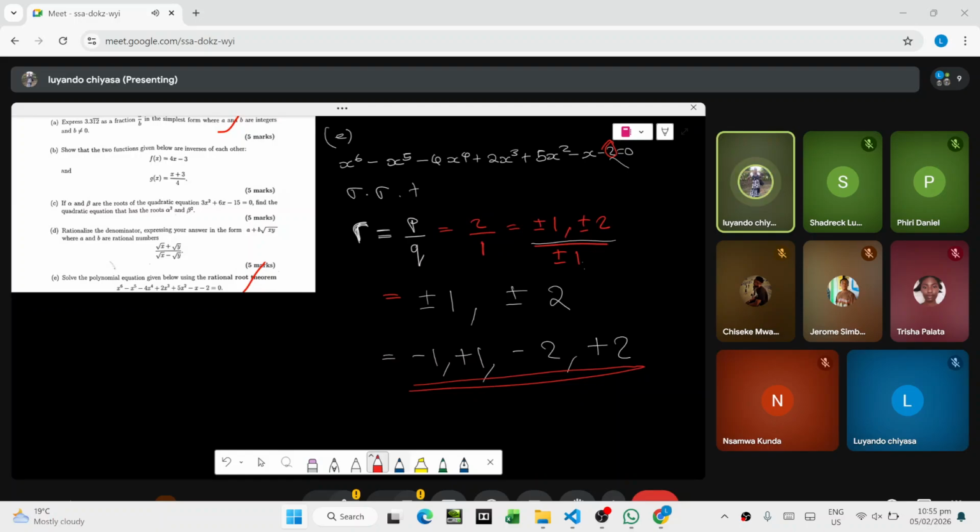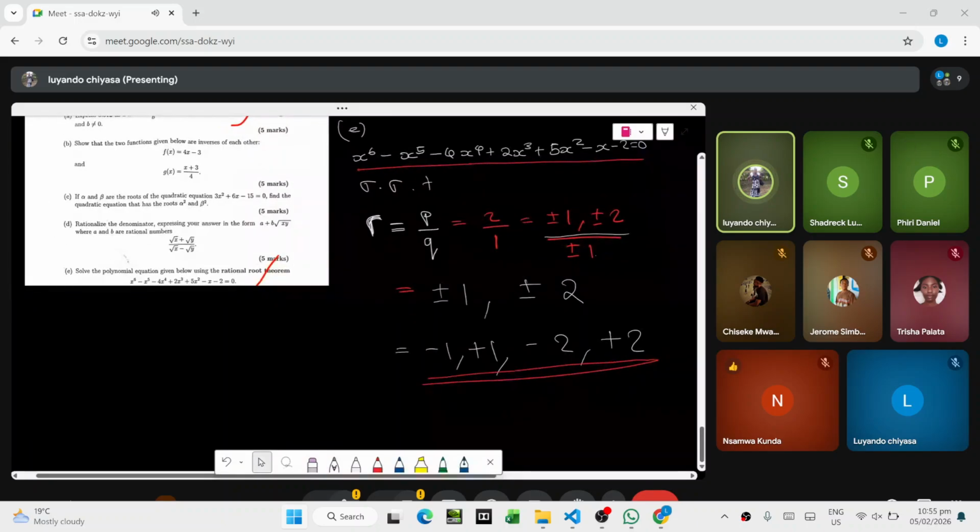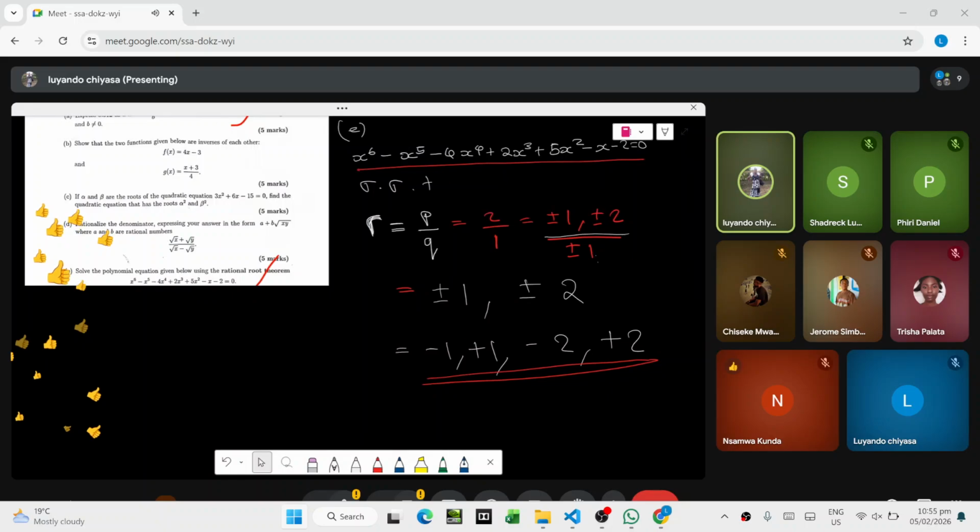When we say possible, it means some of these are factors and some are not. If one of these is a factor, when you replace it in the original polynomial function, you should get 0, right? If you don't get 0, it means that that is not a factor.